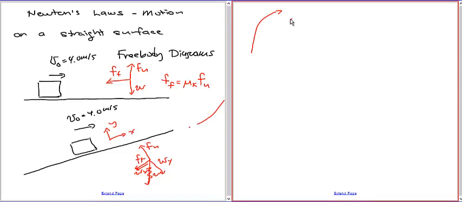So when you have a scenario like this, in the x direction there is movement, so there is an acceleration. In the y direction there is no acceleration. So this would be a sub x and this would be a sub y.